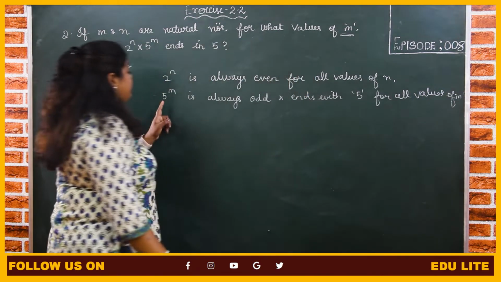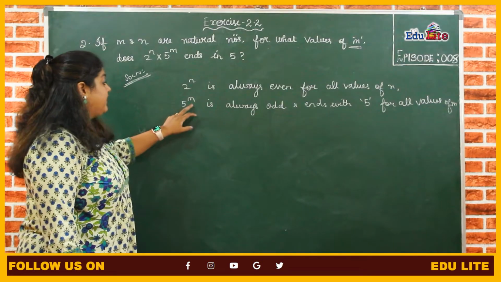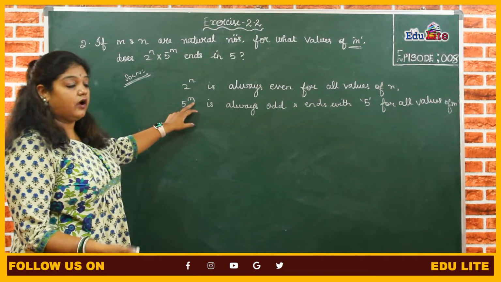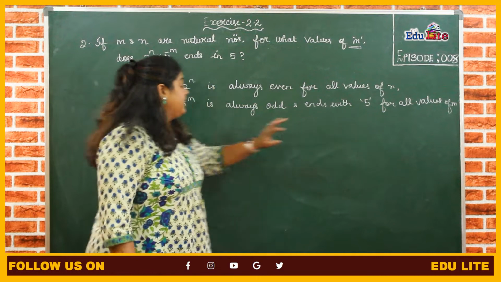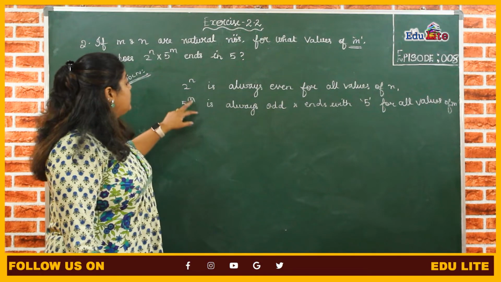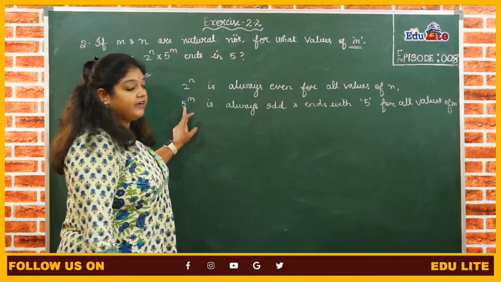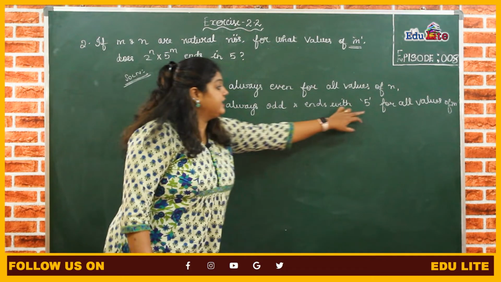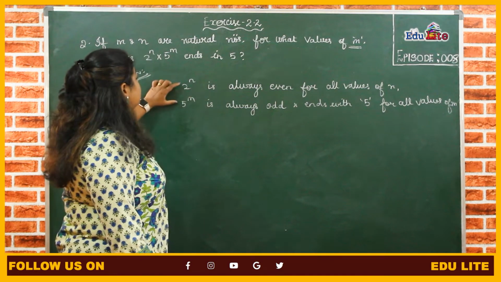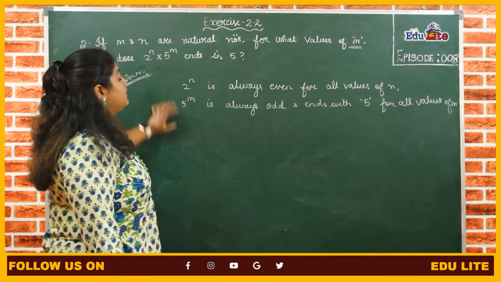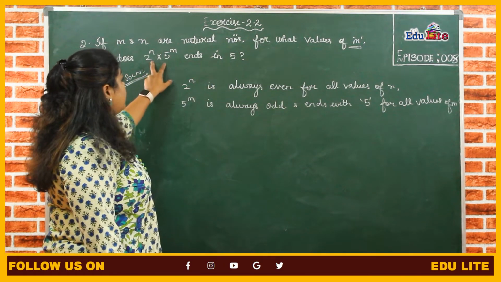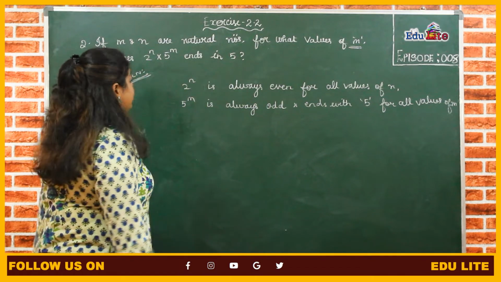See, 5 power 1 is 5, it ends with 5. 5 square is 25, which is an odd number, also ending with 5. Next, if I choose 5 cube, where m is an odd number, 5 cube will give us 125, again it ends with 5. So this is the conclusion we got from these two. Now what we have to check is whether the product of these two ends in 5.